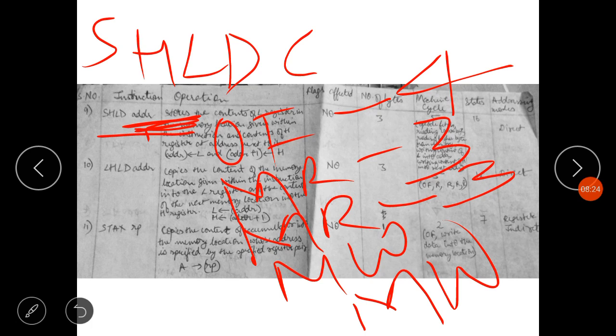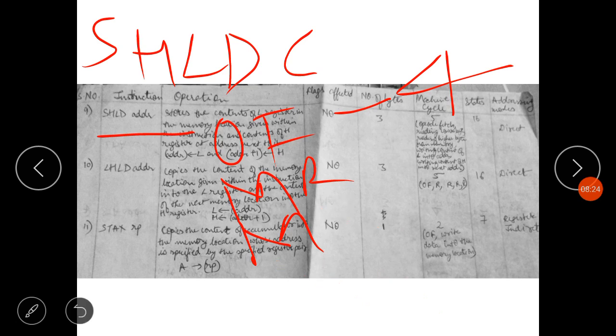As I told you while discussing the addressing modes, any instruction in which the operand's address is directly mentioned in the instruction has direct addressing mode. Here also the operand's address is directly mentioned in the instruction, so this instruction falls under direct addressing mode.